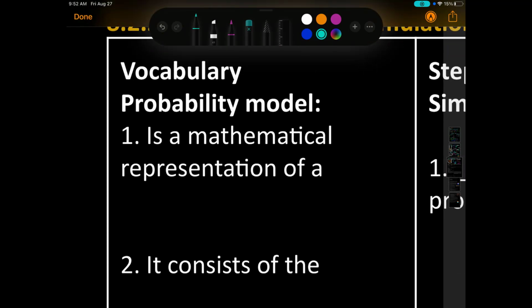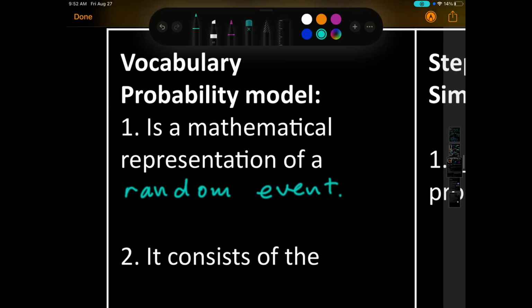Probability model is a mathematical representation of a random event. What's the probability it's going to rain today? What is the likelihood of catching COVID when you go outside with no mask, right?